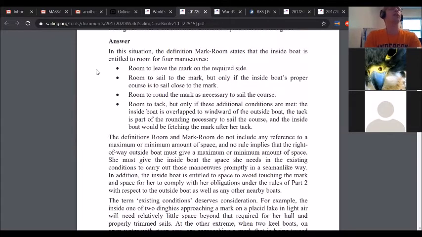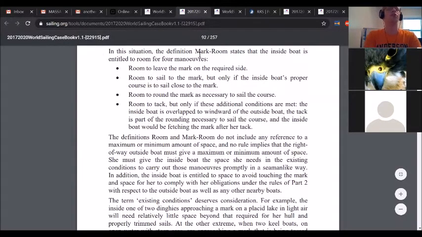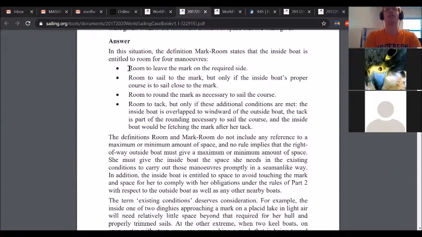So in the situation, the definition of mark room that we looked through yesterday states that the inside boat is entitled to room for 4 maneuvers. 1, they have room to leave the mark on the required side. So if it's a single leeward mark, we're rounding it to port, or however the sailing instructions say, usually turning left, like NASCAR. But if we have mark room, we are allowed to leave that mark on our left side.